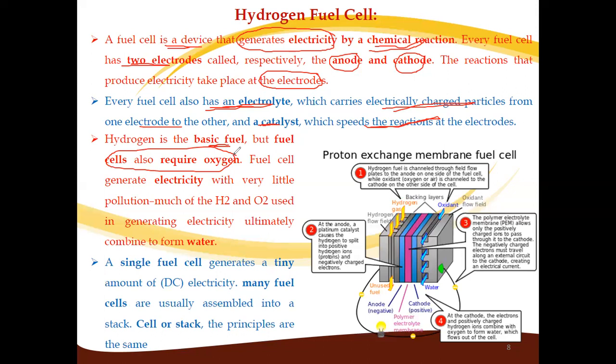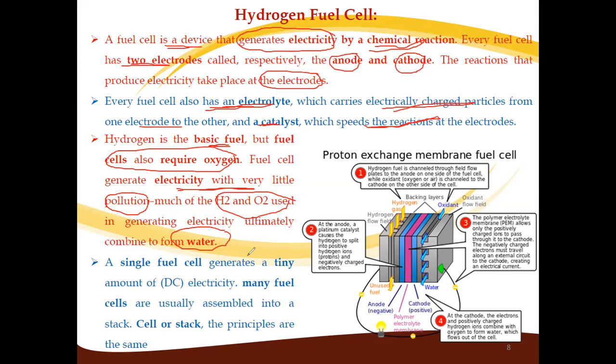So the fuel cell generates electricity with very little pollution. Only a very small amount of pollution will be there, and the hydrogen and oxygen are used to generate electricity, and ultimately when hydrogen and oxygen combine together, they form water. So the byproduct of this hydrogen fuel cell is water.